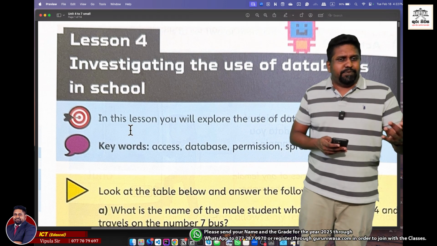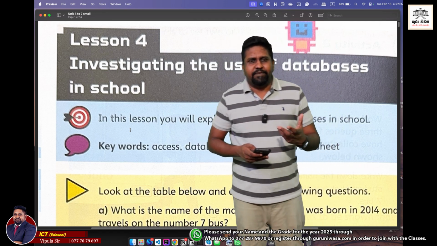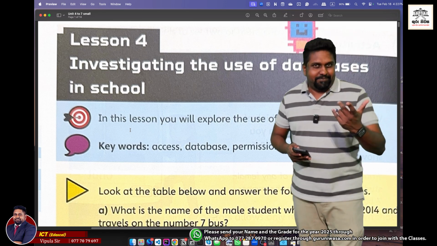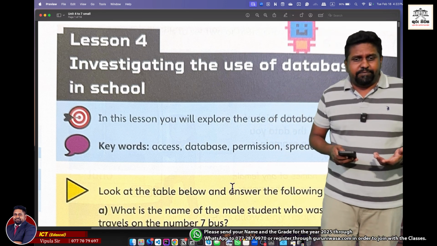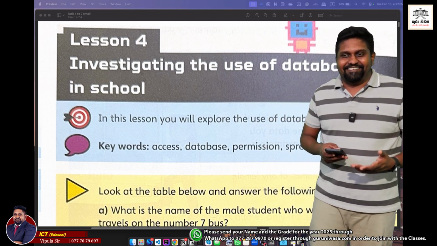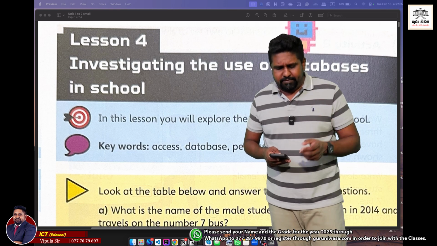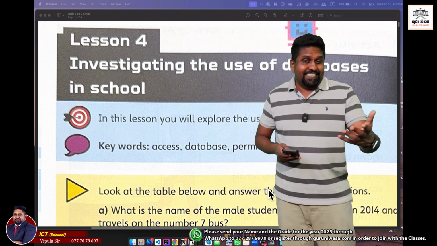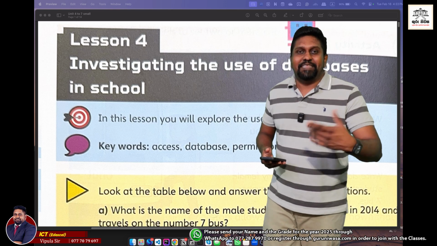So now we'll talk a little bit more about databases, about investigating the uses of databases in school. Yes, we talked about something similar sometime back, at the point we started the class itself, where we talked about how different types of institutes and places use databases.